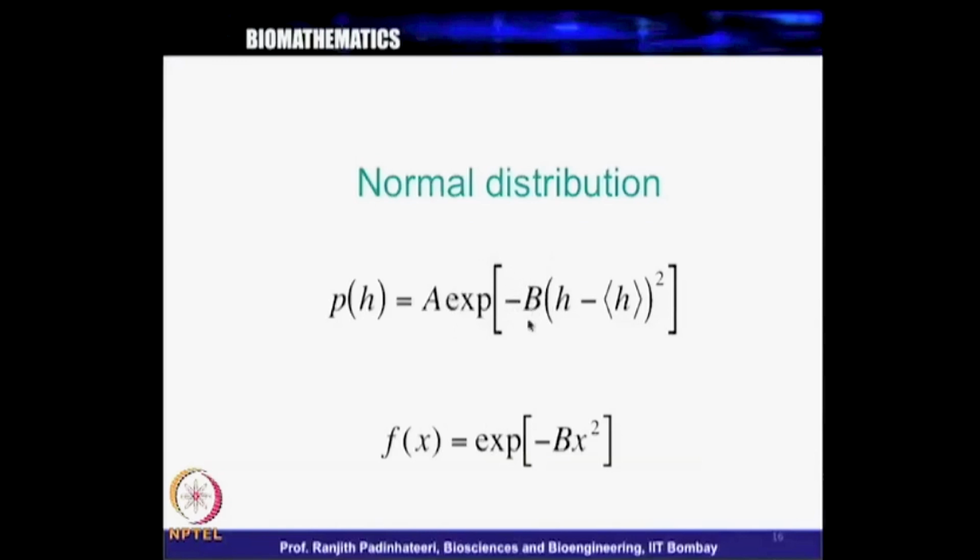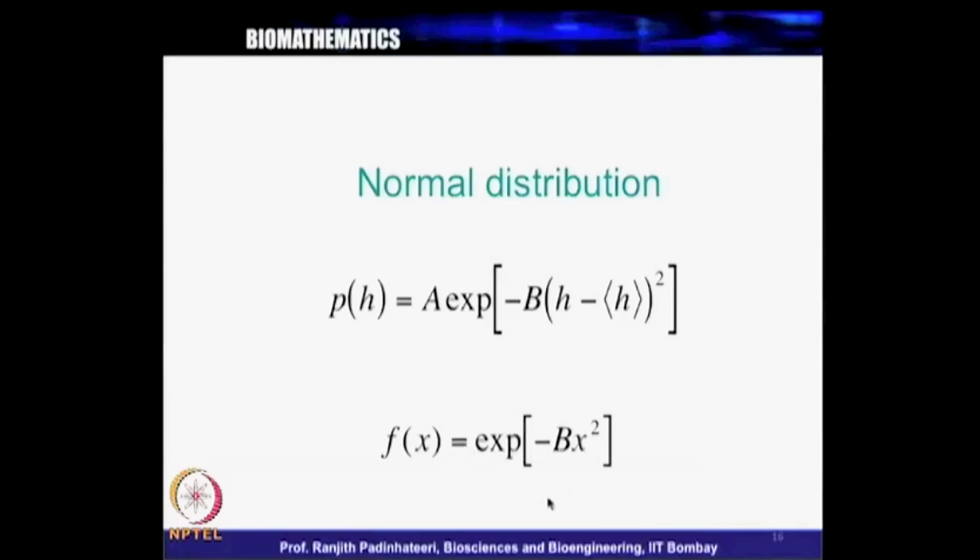We will clearly understand in the coming classes what A and B stand for. If you wish, in a simpler form we can write it as e power minus b x square, in a much simpler manner.